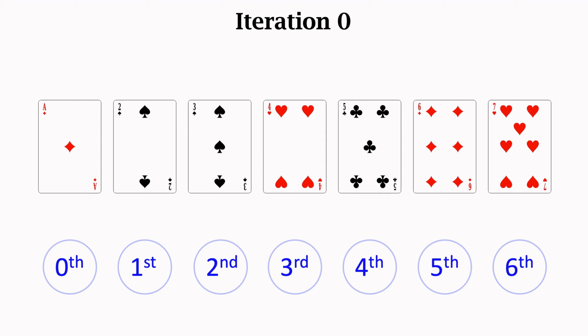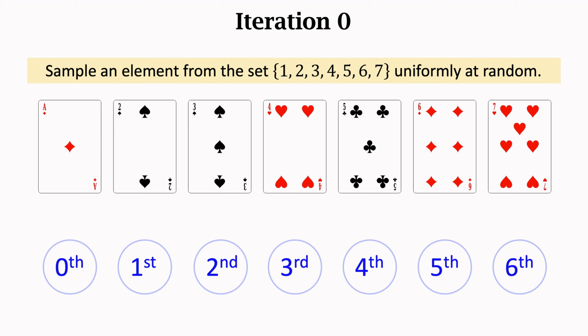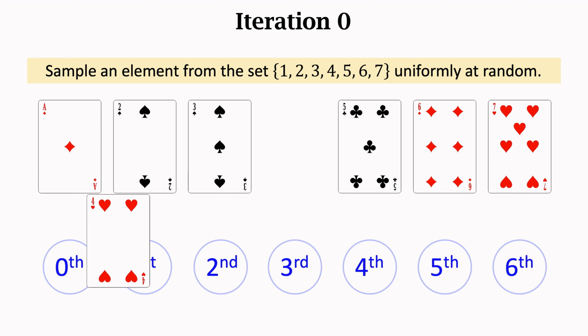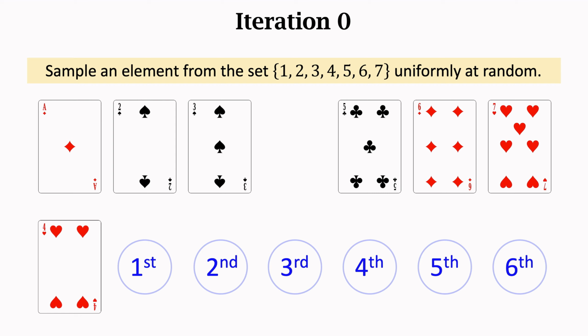Now, let's run the algorithm to randomly permute the 7 cards. Let's uniformly sample 1 out of the 7 cards. Each card is sampled with probability 1/7. We happen to get 4. Take the card out of the set and put it in the 0th position.